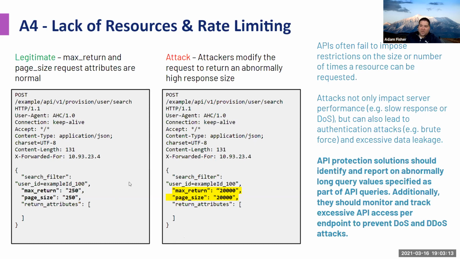What we're saying here is we just want to increase these numbers to where they're arbitrarily large and the microservice cannot respond with all the data that's going to be returned.